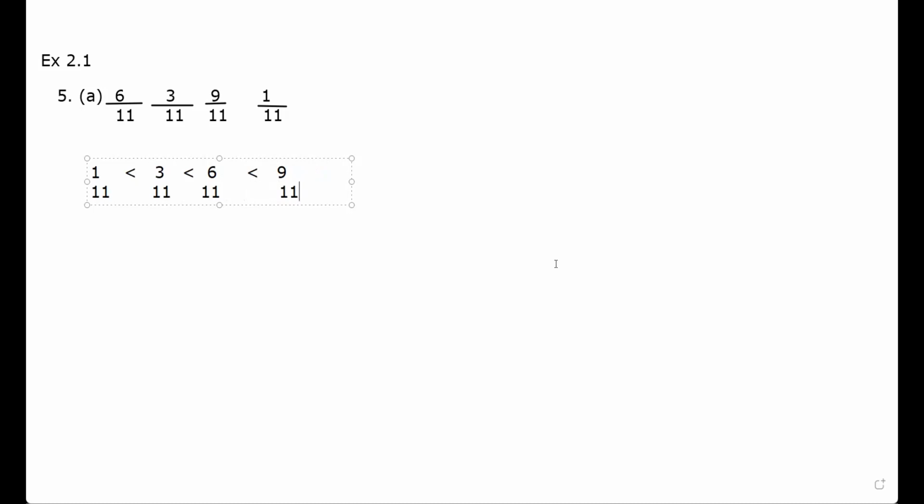Nine upon 11. Okay. You can see that, my dear students, I just placed the numbers according to the numerators, just because these are like fractions, as their denominators are the same. So we don't need to do any extra work. We can easily do this.